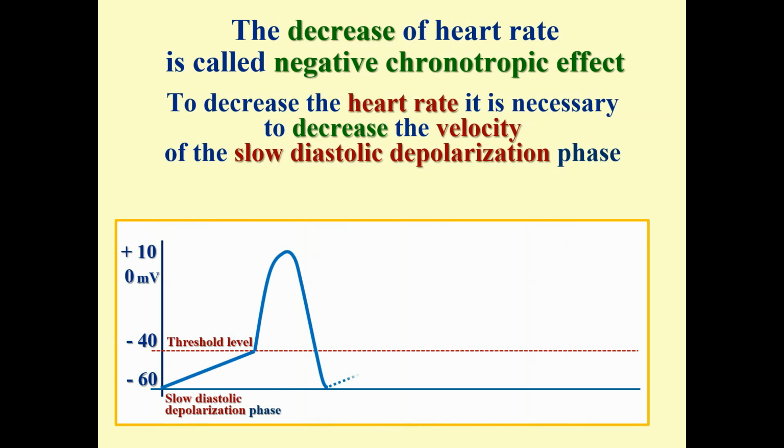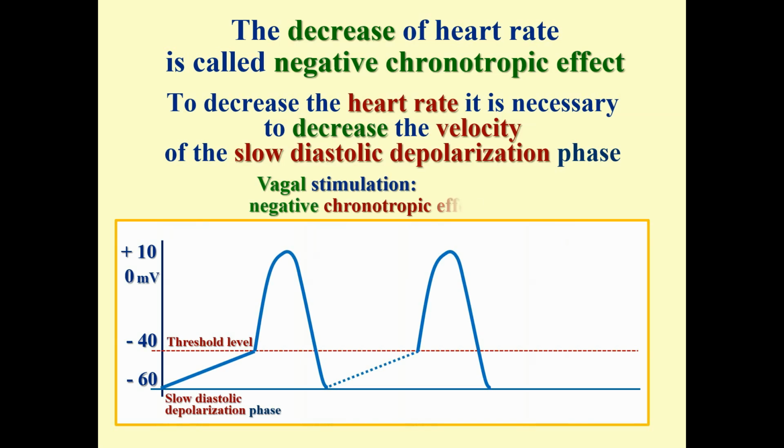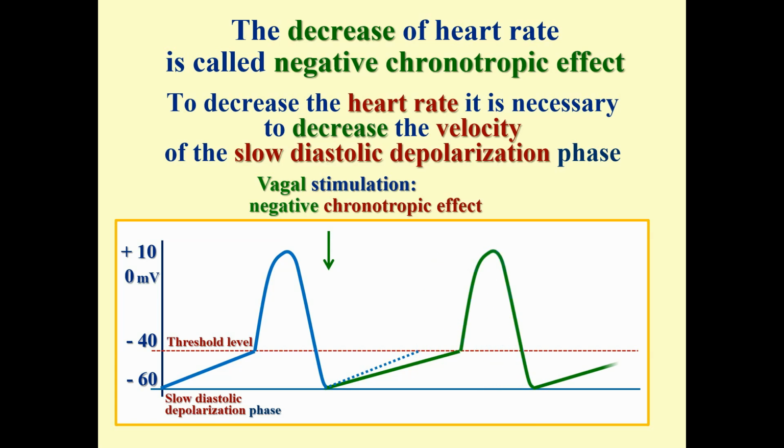Actually, it's under vagus influence as well, but it's still regular influence, usual as always. But now we increase vagus activity higher than regular. And vagal stimulation produces its negative chronotropic effect. So that slow diastolic depolarization becomes even slower, and depolarization occurs later, and the next depolarization will occur later, and so you see the rate of impulses decreases.